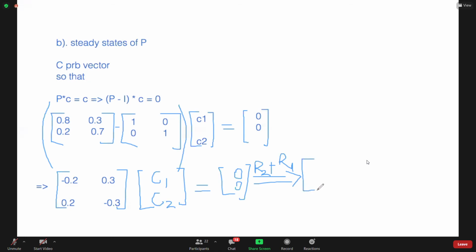So what is left of my matrix will be minus 0.2 and 0.3, 0, 0, multiplied by C1, C2, should be equal to 0.